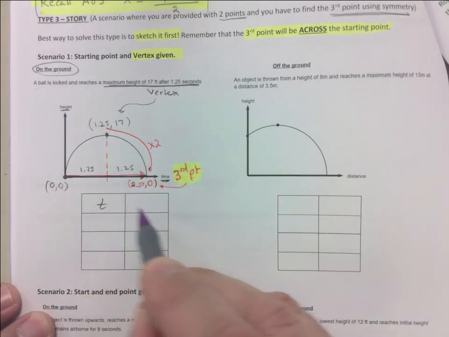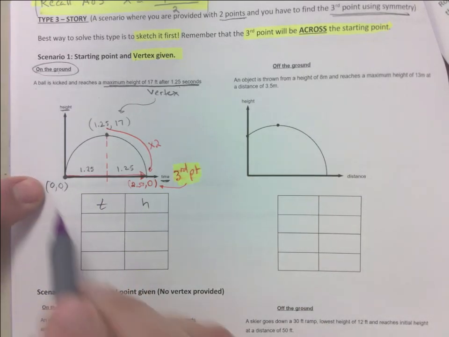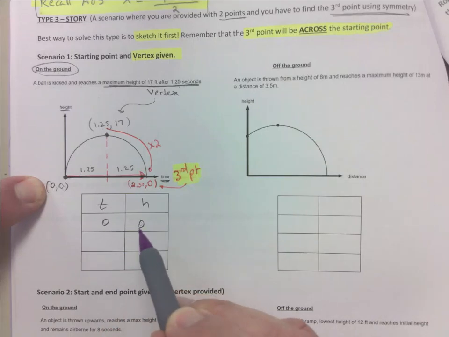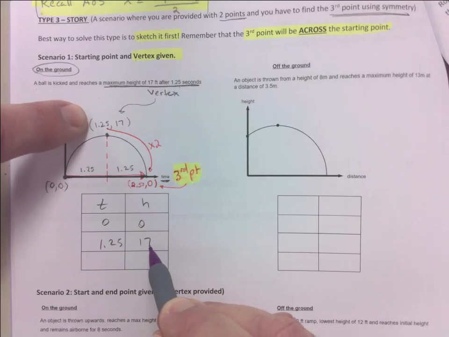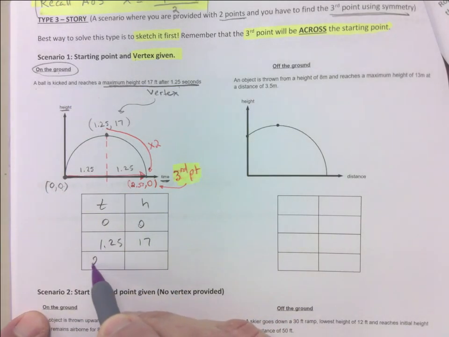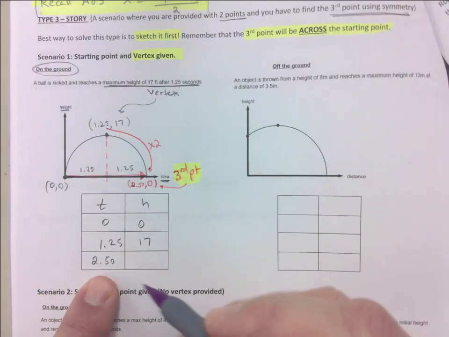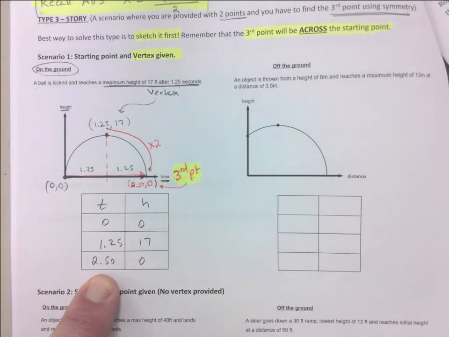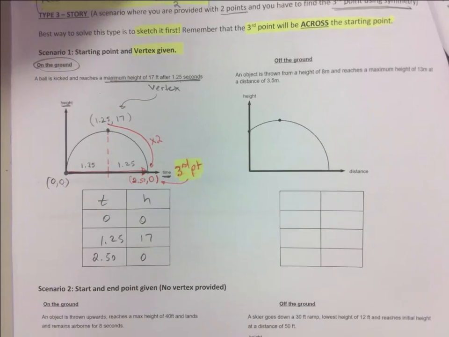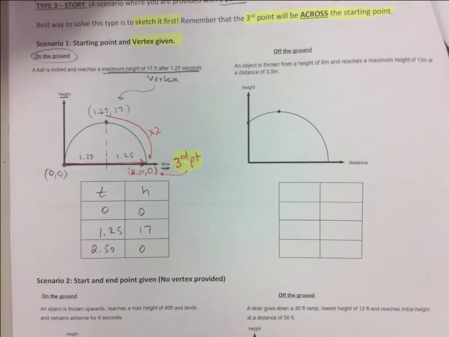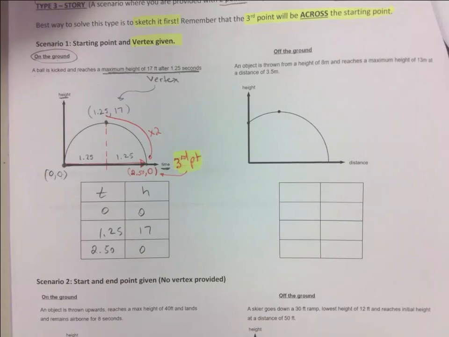So we go time and height, we go 0, 0, 1.25, 17, right? And then last but not least, 2.5 or 2.50 back to 0. You type this into L1 and L2, you do your thing, you press a bunch of buttons, boom, you've got your equation.